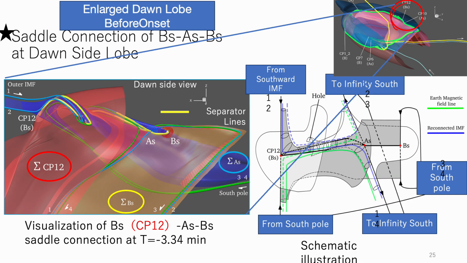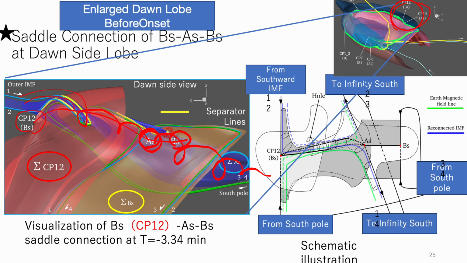Now we enlarge this dawn side lobe region. In this dawn side lobe region, we found three nulls. BS, AS, BS are saddle connected, and this AS null's separatrix spirals go outside the magnetosphere, and the other side spiral goes into the deep magnetotail region.